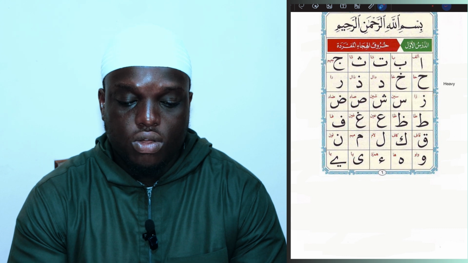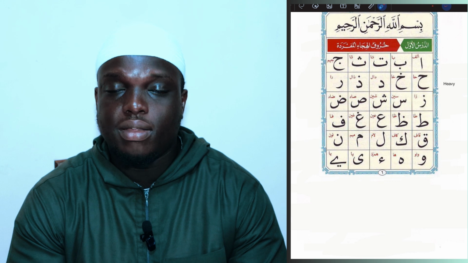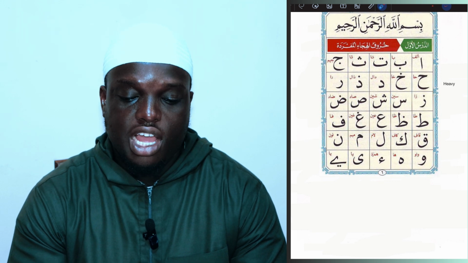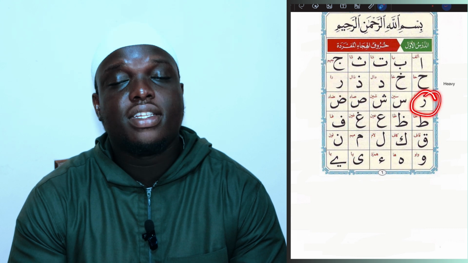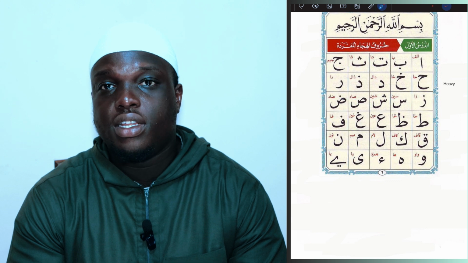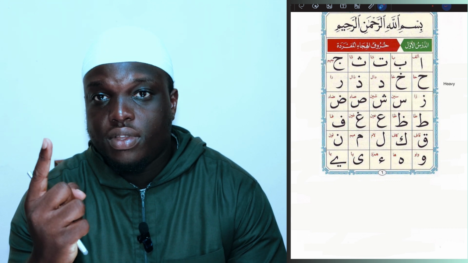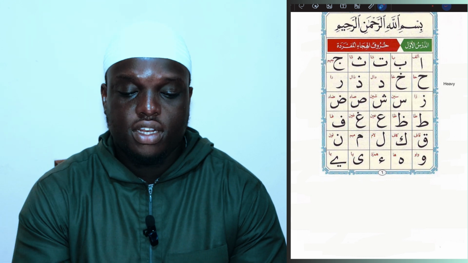So Ra and Za both have the same shape. However, Ra has no dots, Za has one dot above. Again, shape, pronunciation, shape, pronunciation. All right?